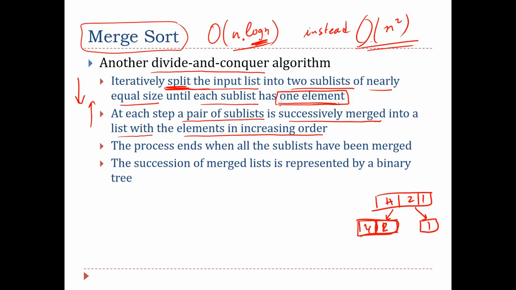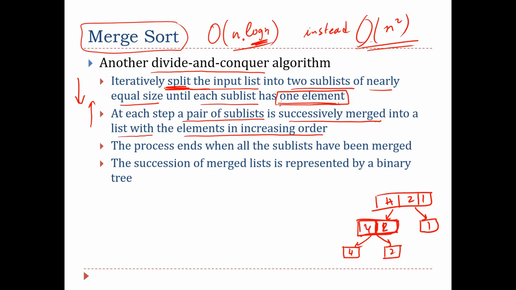We cannot actually merge these two lists because we don't know at first how to merge a list that is not sorted. So we would call merge sort once again to split this two-element list into two lists of size 1. We will separate 4 and 2.